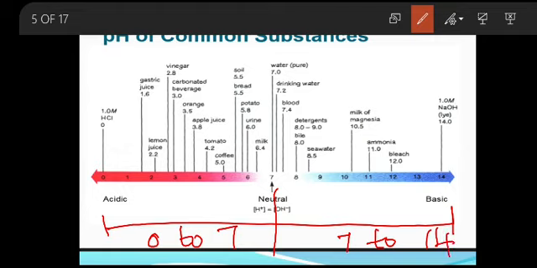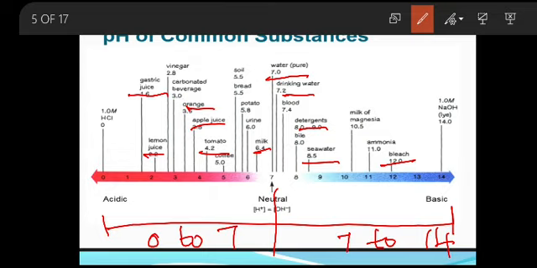Can you see the substances here like gastric juice, lemon juice, orange juice, apple juice, tomato, milk, pure water, drinking water, detergents, bleach, seawater? All these are substances which we come across in our daily life.